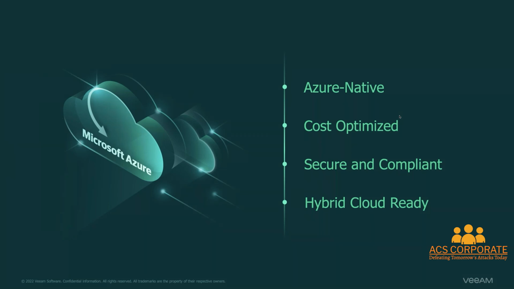And then the final piece is around hybridity, right? We live in a hybrid cloud world. The hybrid cloud is not a transitionary phase to everything being in the cloud. It is here to stay, right? So you likely have workloads running on premises, physical, virtual, whatever they might be, NAS. You likely have workloads running in Azure today if you're on this webinar, or you're at least interested in doing so.